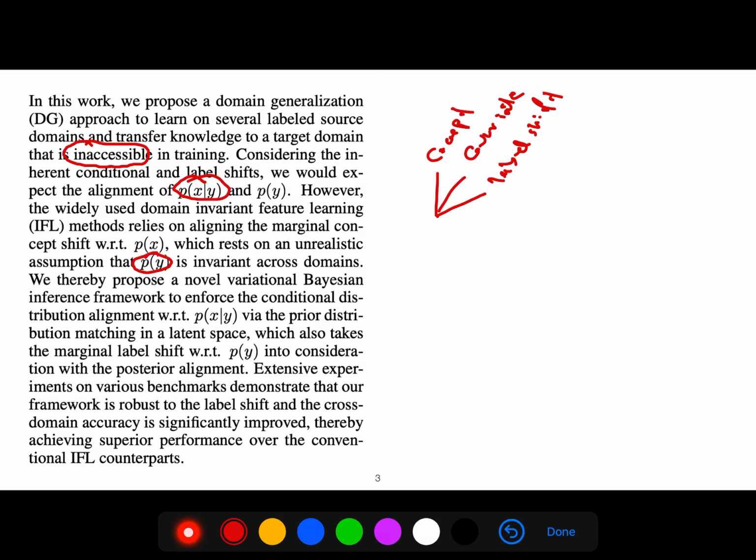Extensive experiments on various benchmarks demonstrate that our framework is robust to label shift and cross-domain accuracy is significantly improved, thereby achieving superior performance over the conventional counterparts.